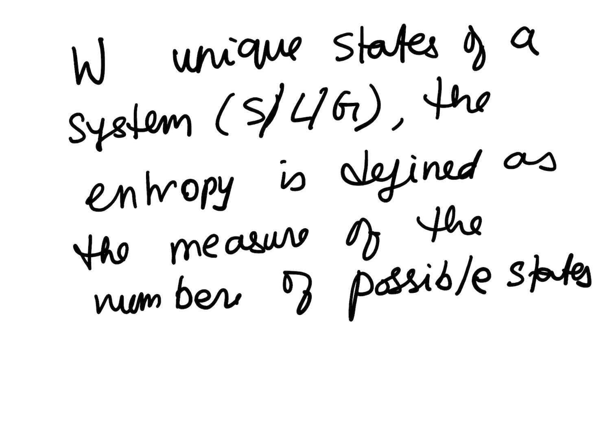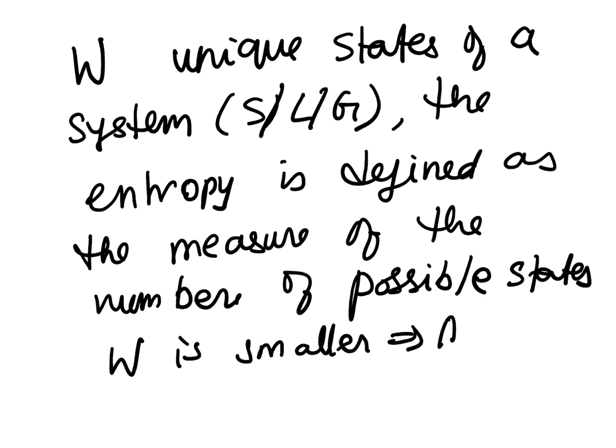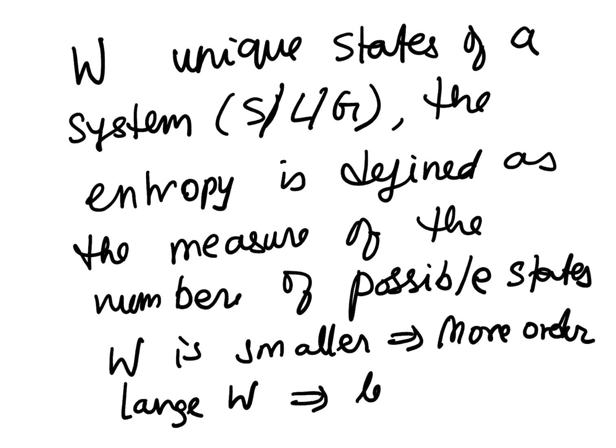Now, if you have a very ordered system, W is smaller, which implies more order, and a large value of W implies less order.